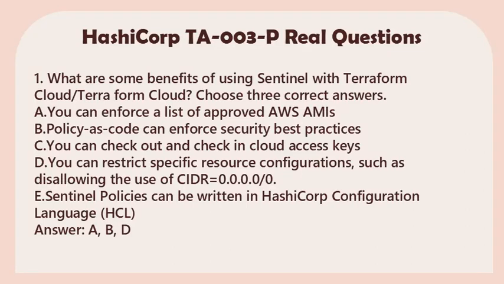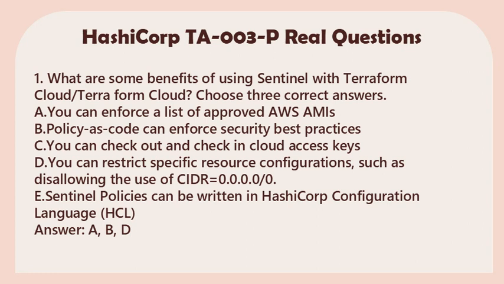1. What are some benefits of using Sentinel with Terraform Cloud? Choose 3 correct answers. A. You can enforce a list of approved AWS AMIs. B. Policy as code can enforce security best practices. C. You can check out and check in cloud access keys.